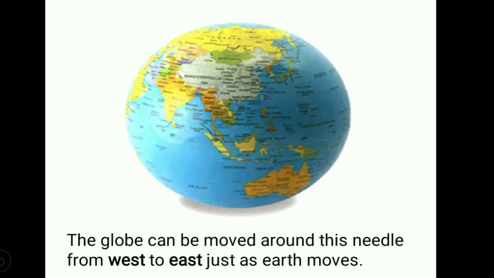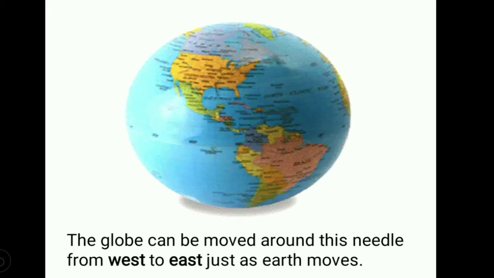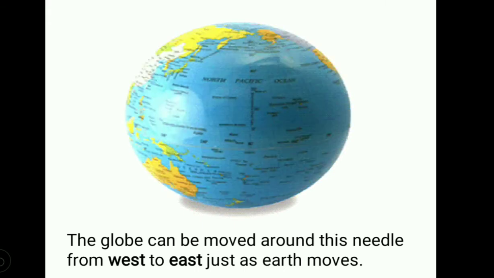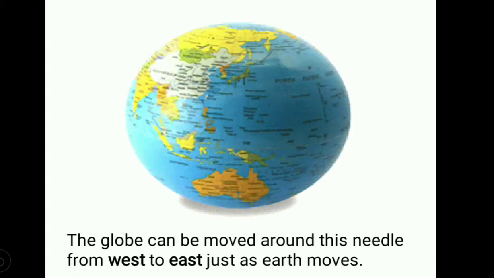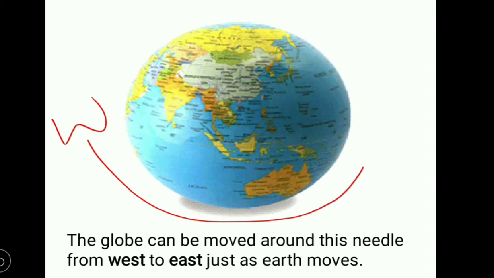Next we go through how the globe can be moved around this needle from west to east, just as the earth moves. Just observe the figure here. Our earth is rotating from the western to the eastern direction.